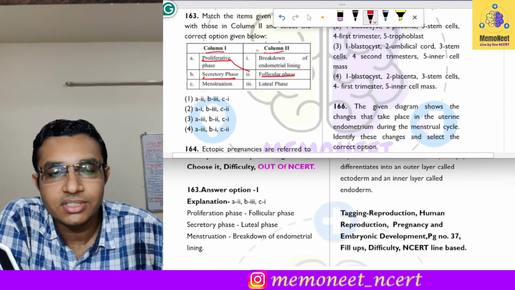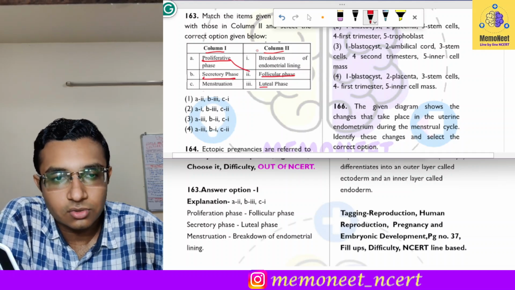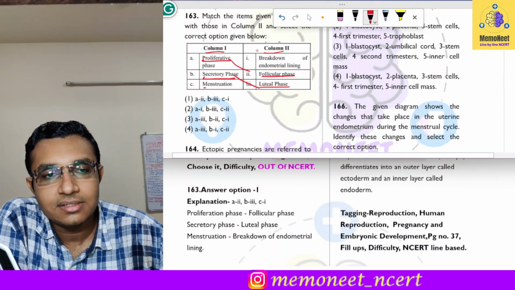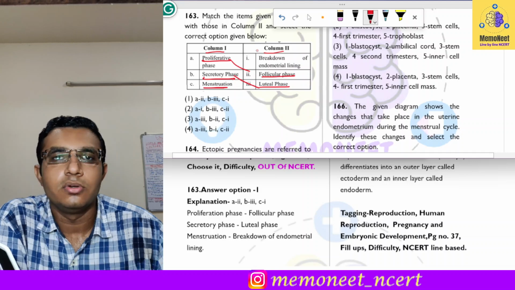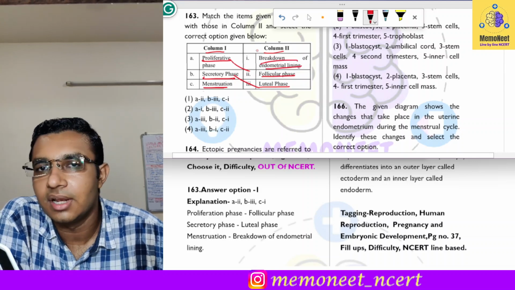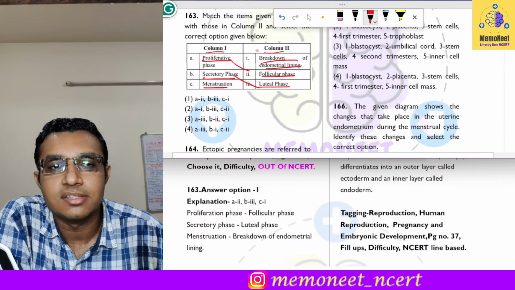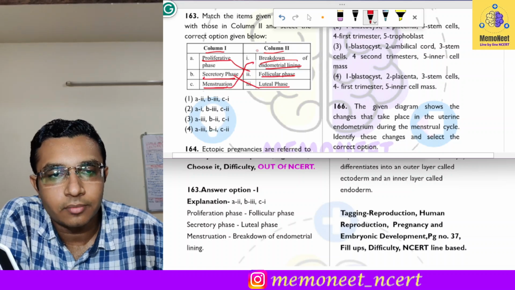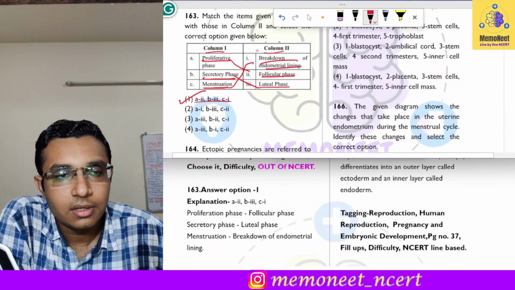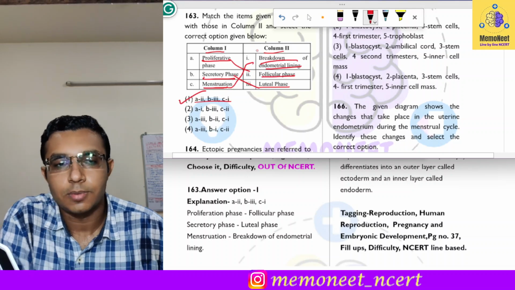Next is the secretory phase. The secretory phase is also known as the luteal phase, so B goes with 3. Next is C, that is menstruation. So during menstruation, what happens is there is the breakdown of the endometrial lining, which leads to the menses. So C goes to 1. So the correct matching is seen in option 1. So the correct answer of this question is option 1.